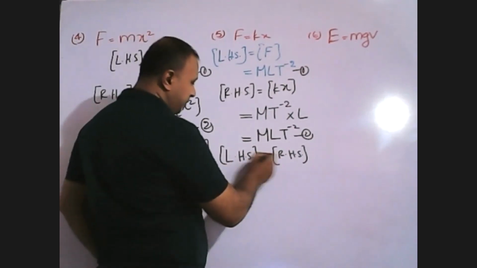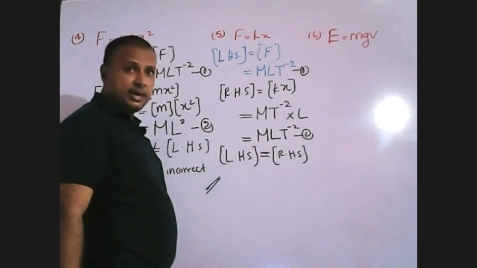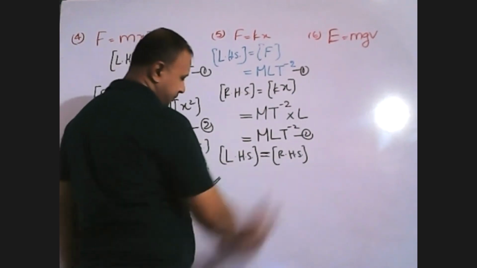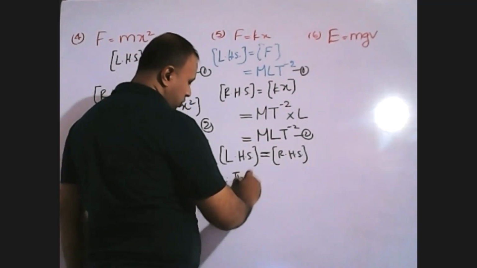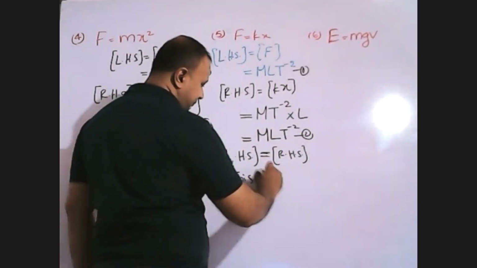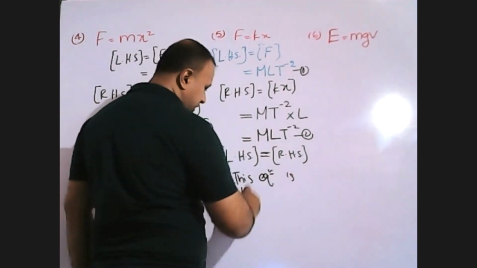We can simply determine the dimension of LHS and dimension of RHS. Then we can say, therefore, this equation is dimensionally correct.